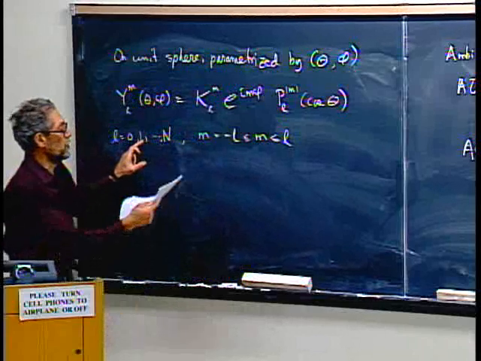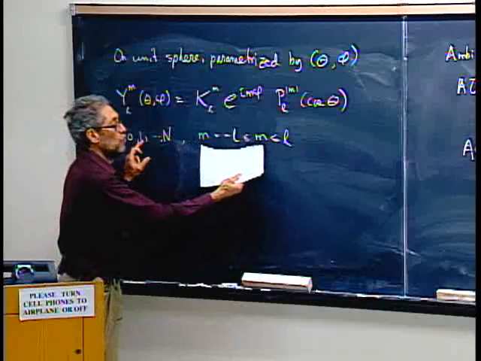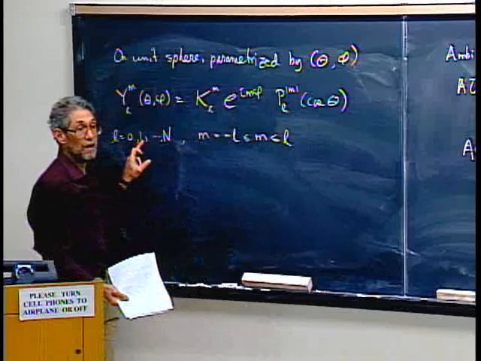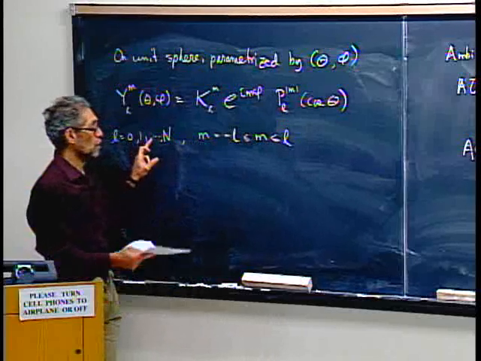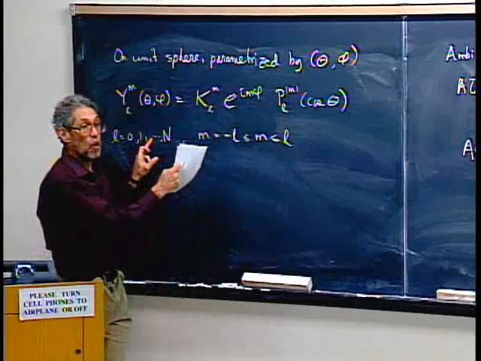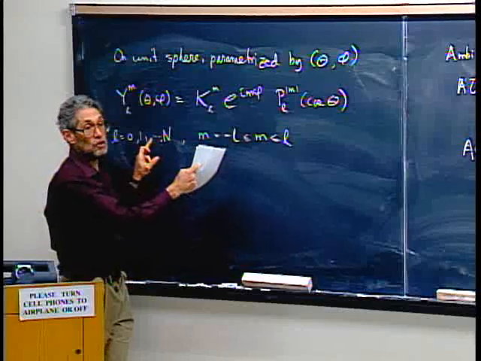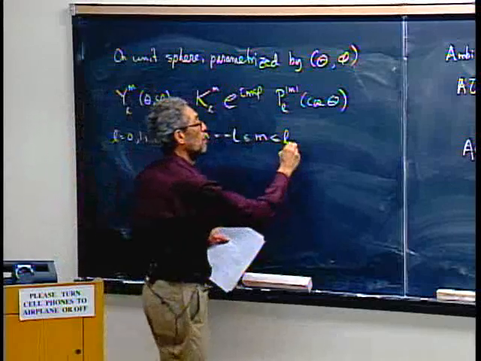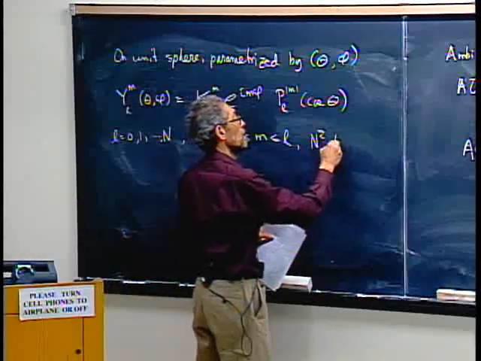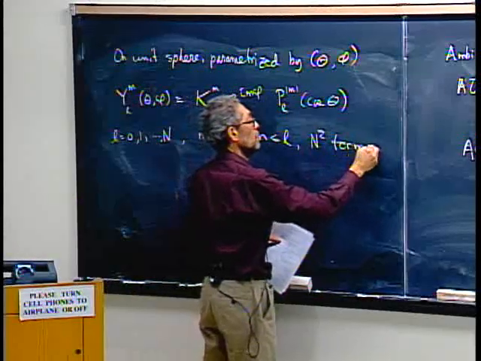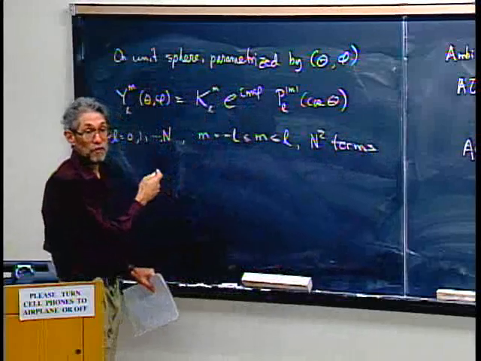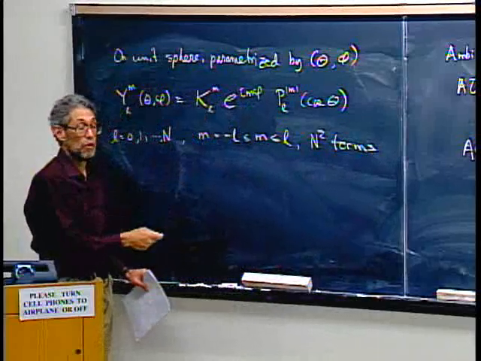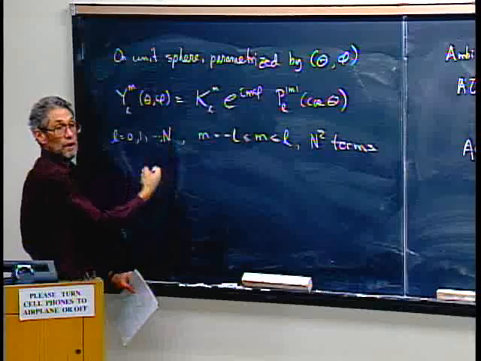For 1, there's 3 terms, minus 1, 0, and 1. So that's 4. And for 2, there'll be 5 more terms: minus 2, minus 1, 0, 1, 2. So in general, n squared terms, because you're adding up the first n odd numbers to get the total number of terms when L goes up to n.